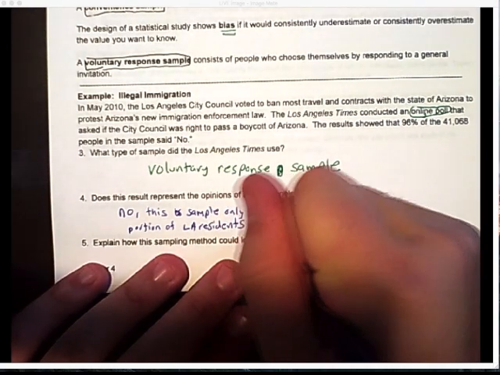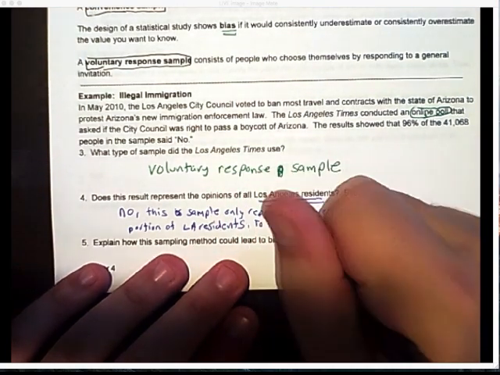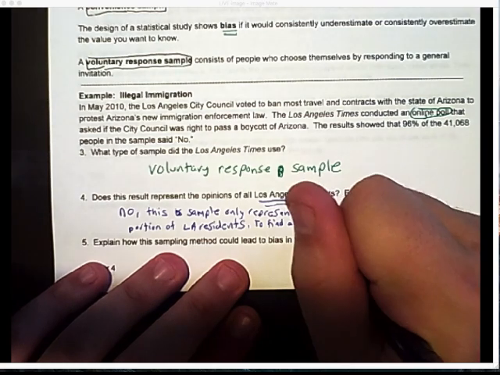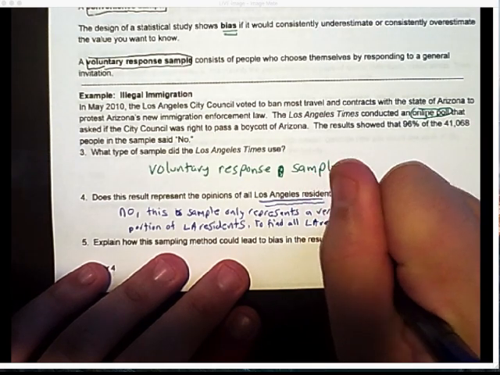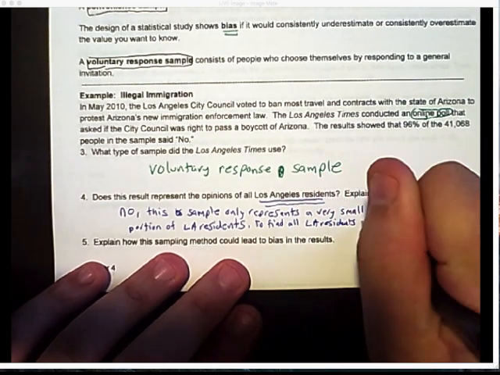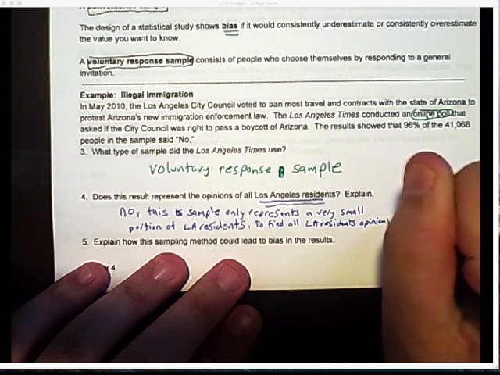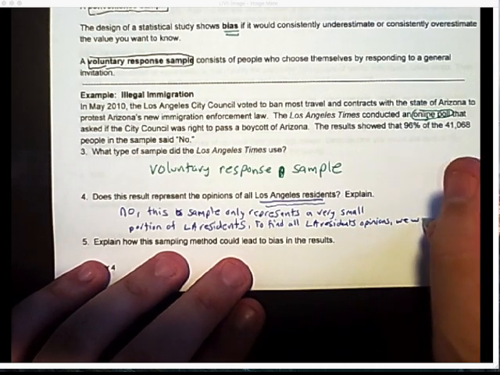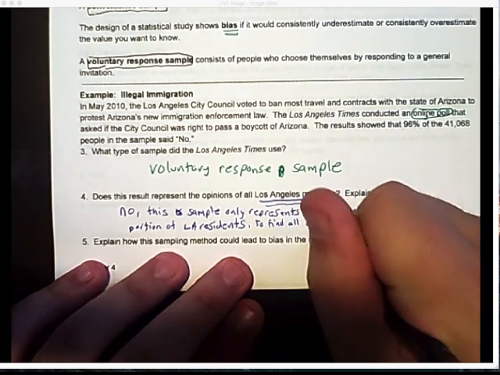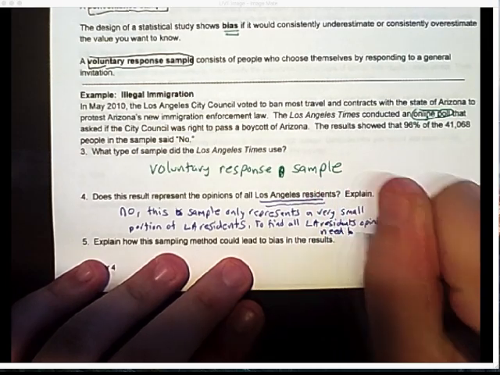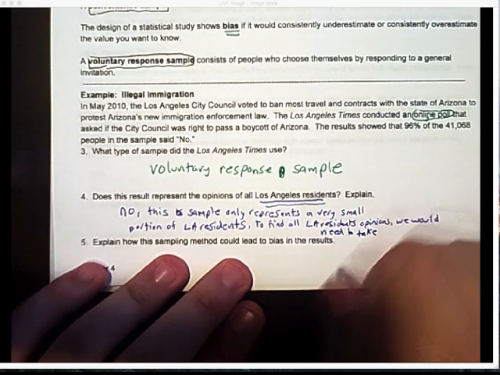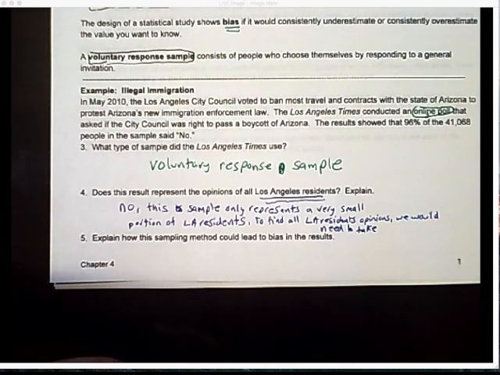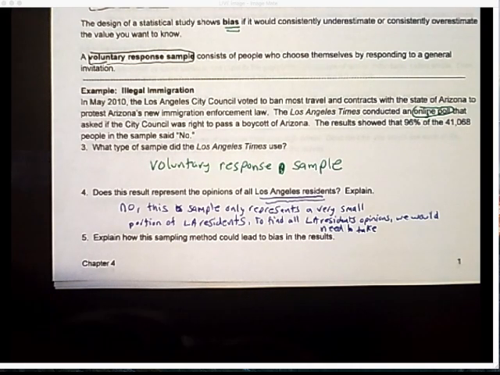To find all LA residents' opinions, we would need to take a census. So even if the sampling method was better, it's still not going to represent the opinions of everybody, because we need a census to do that. We would need to have data on the entire population.